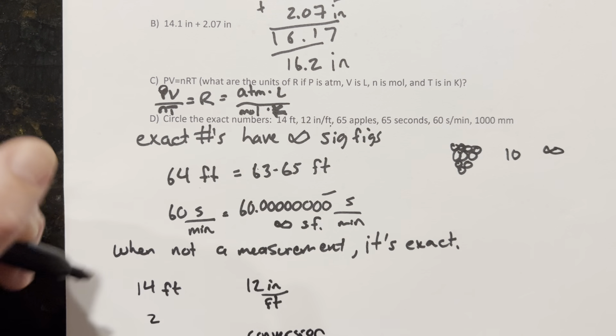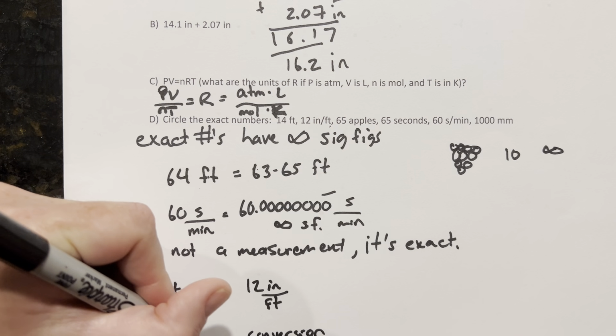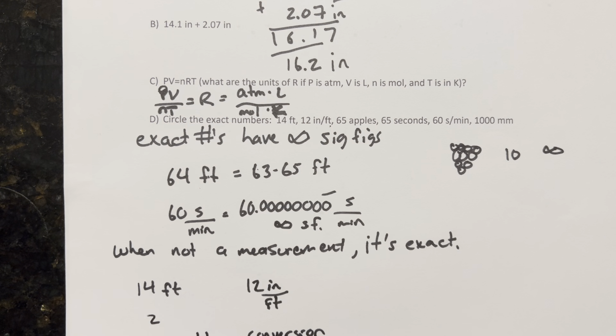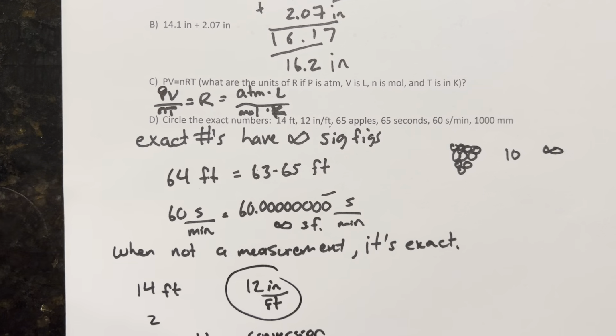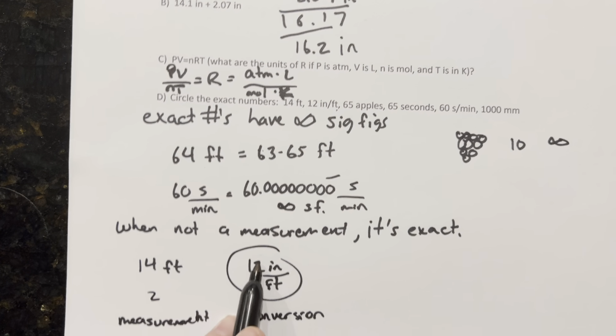In fact, let me write these out. This one is a measurement, and anytime it's not a measurement, it's exact. This is exact. It's 12.00000 on and on inches per foot.